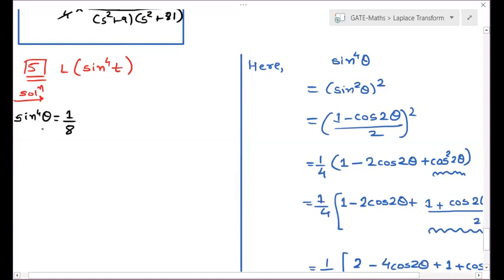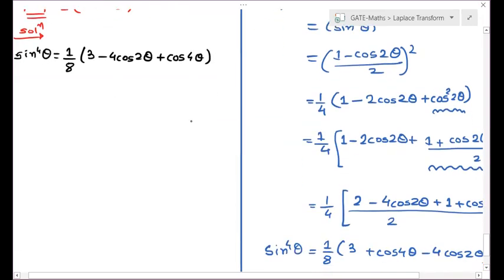So sin to the power 4 theta is equal to 1 by 8, 3 minus 4 cos 2 theta plus cos 4 theta. Right, now instead of theta, we are having t.